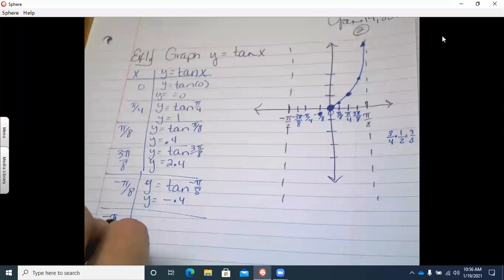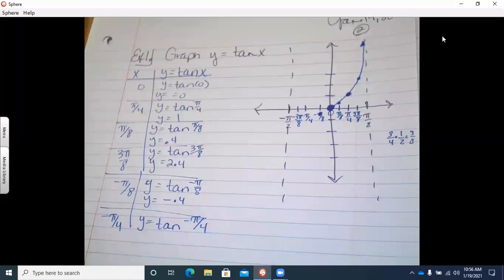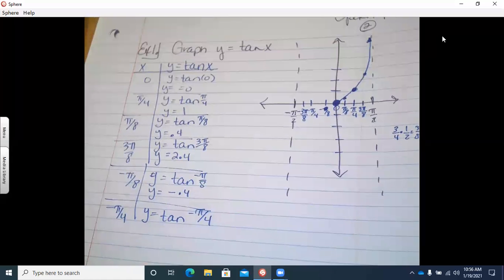So y equals the tangent of negative pi over 4. So my calculator, negative pi divided by 4, and then I push equals. If you don't push equals, it's going to take the tangent of the last number that you had, and then push tangent. And I get, what do y'all get? Negative 1.